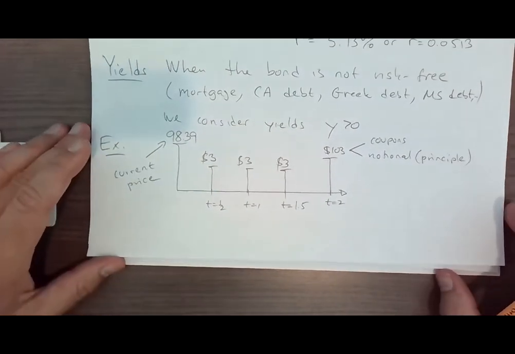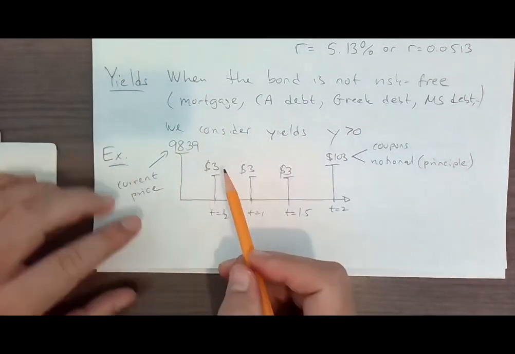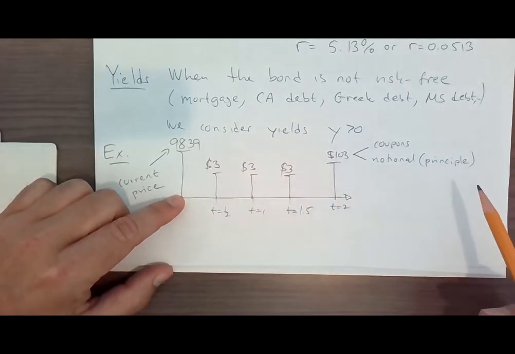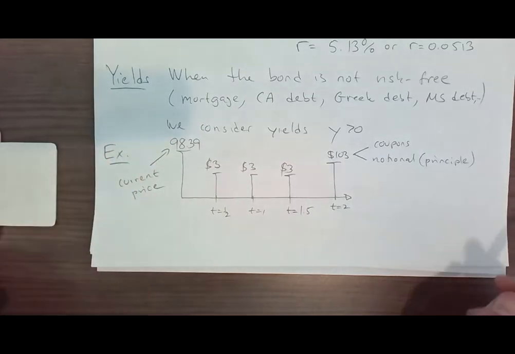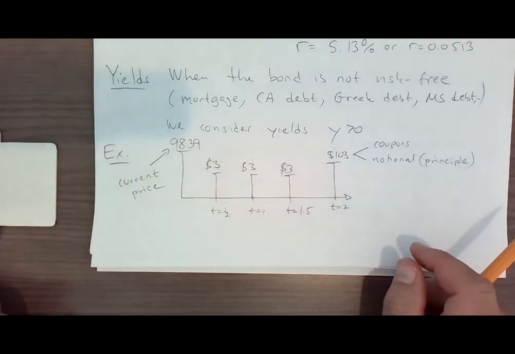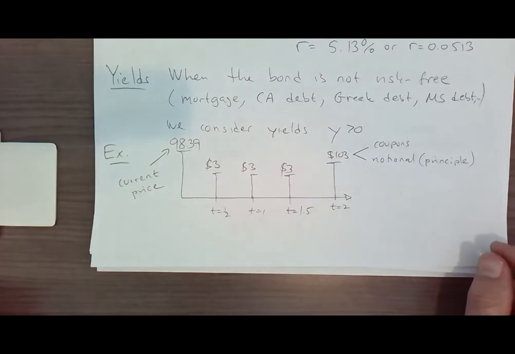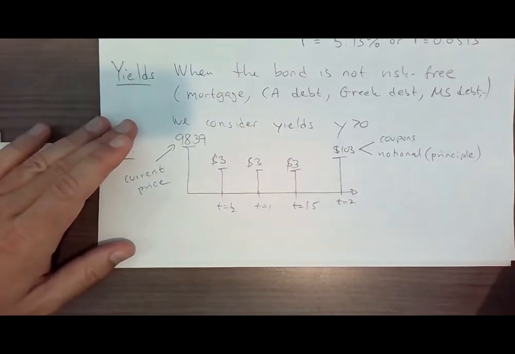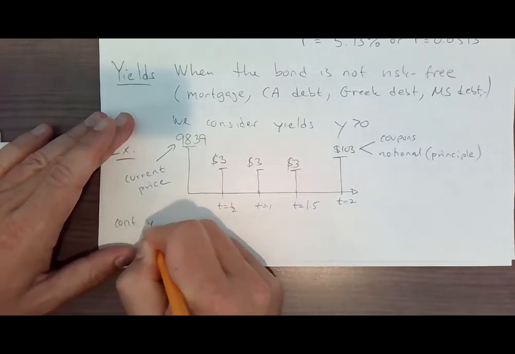So what would the yield be? This is how much I can get today by promising to make payments of 3, 3, 3 and 103. Somebody's willing to give me $98.39 in return for my promise to pay 3, 3, 3 and 103 at these 4 future time points. Well, the yield, let's do a continuous yield.